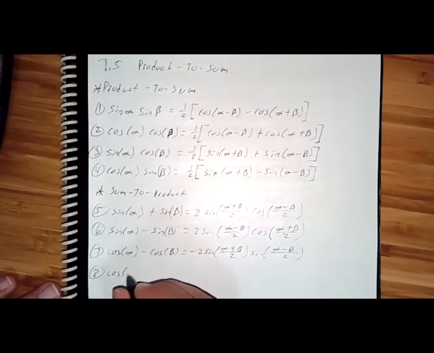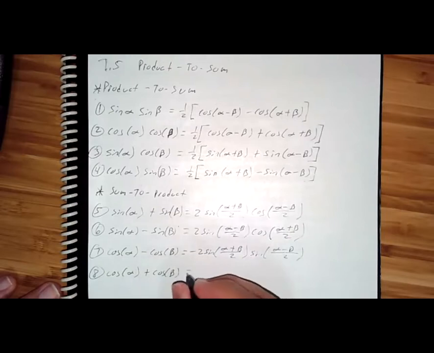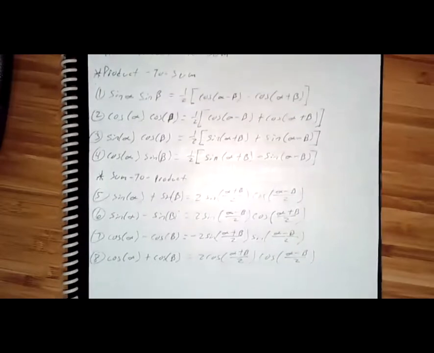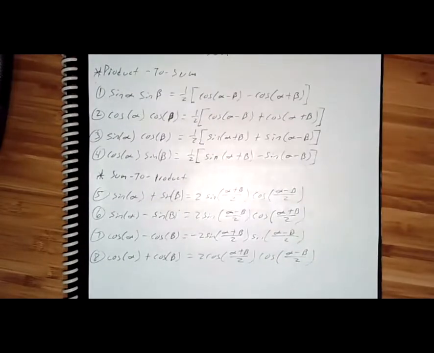So that'll be cosine alpha plus cosine beta. That'll be 2 cosine alpha plus beta over 2 times cosine of alpha minus beta over 2. All right, finally. We're going to need these for this section. I think that's all the formulas we need for today.